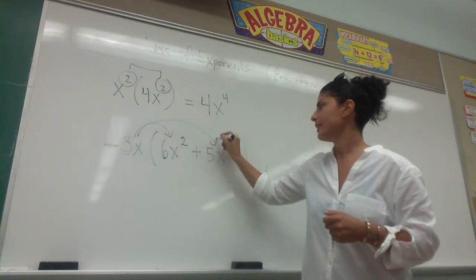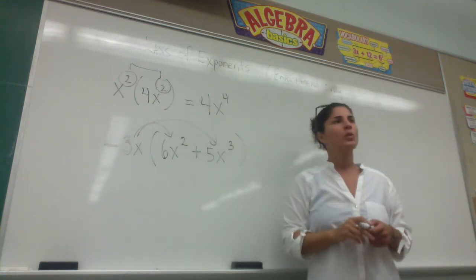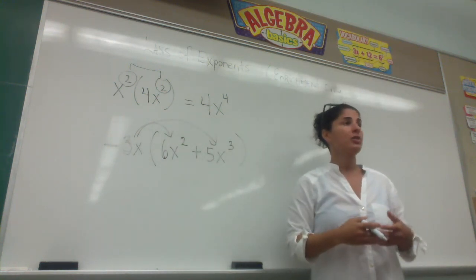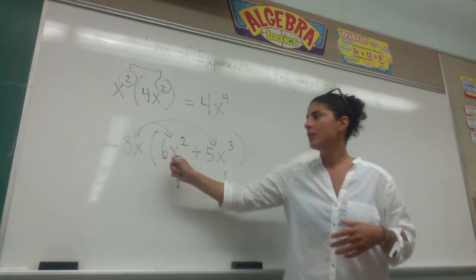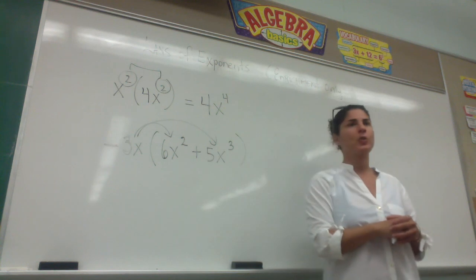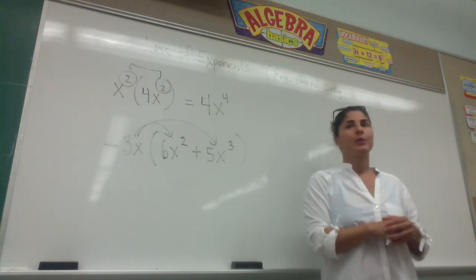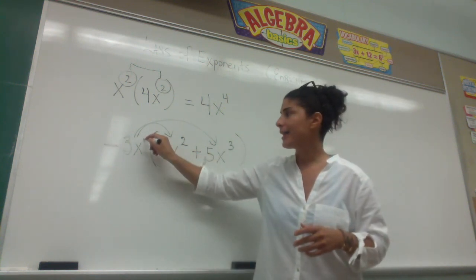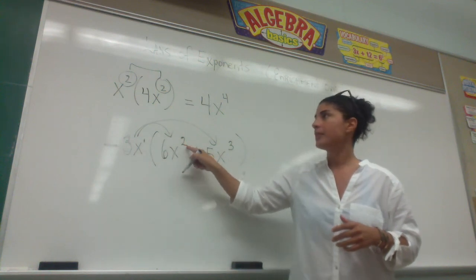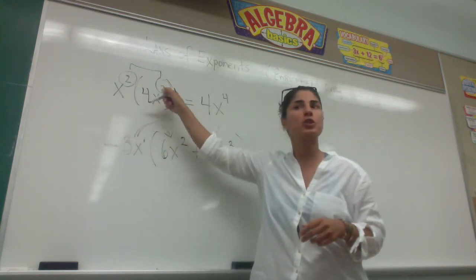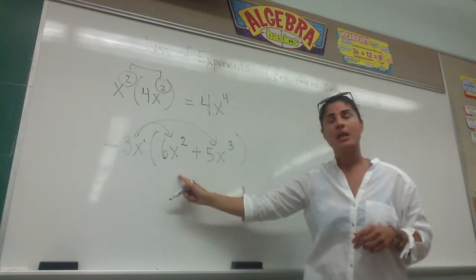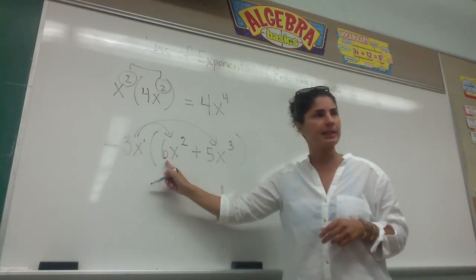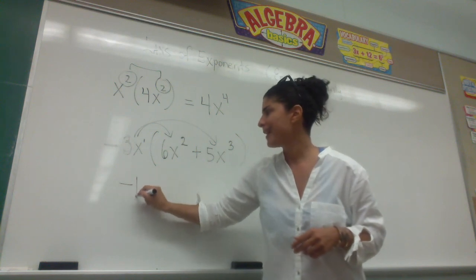Let's see if you got the lesson. What would be the distribution with this? This means negative 3x times 6x squared. Well, the law is saying that I could add this 1 plus this 2. Just like you did here, 2 plus 2, you made it 4. Well, in this case, I do negative 3 times 6, which gave me negative 18.